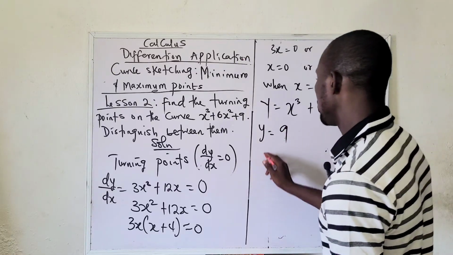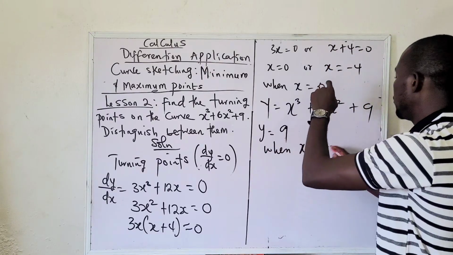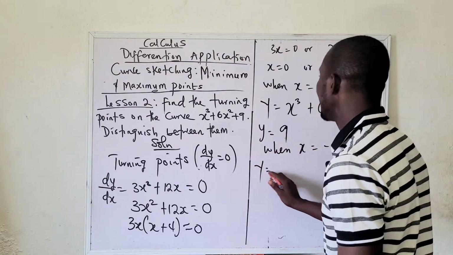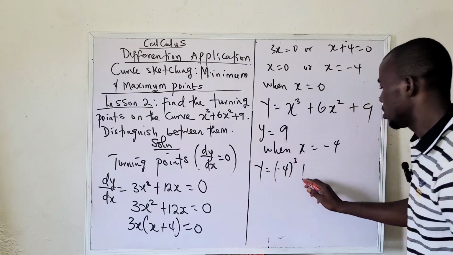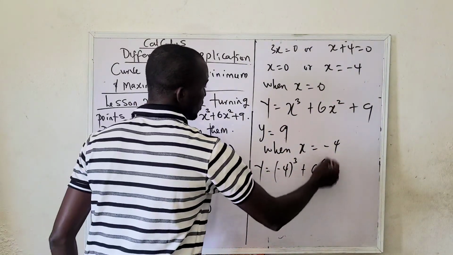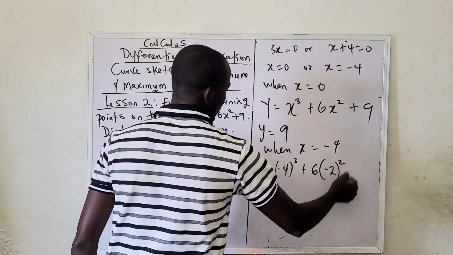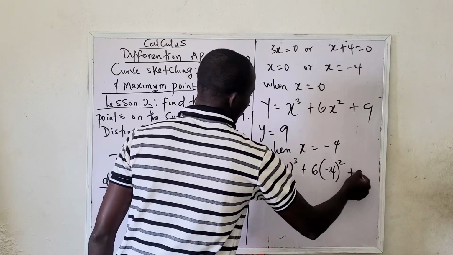And then when x is -4, you have y to be (-4) cubed plus 6 times (-4) squared plus 9.